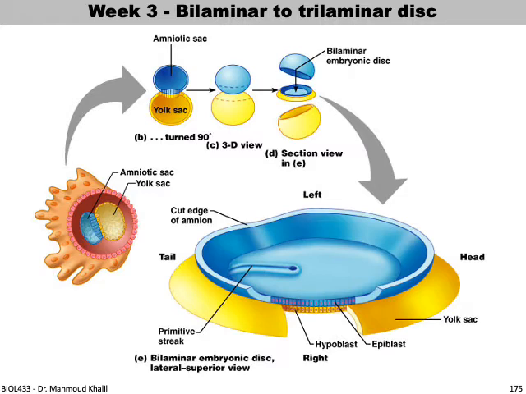So if we enlarge this bilaminar disc, you can see where the epiblast and the hypoblast are. The hypoblast sits over the yolk sac, while the epiblast is responsible for the formation of the primitive streak, which forms by the same process that occurs in the avian development we discussed in the last lecture.